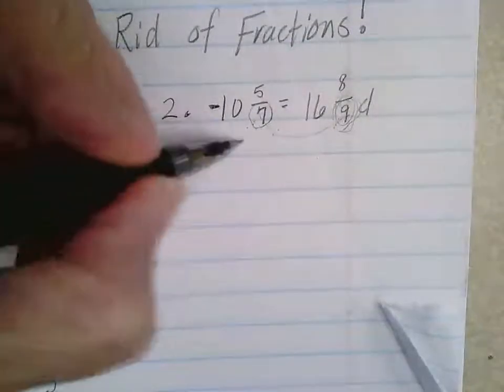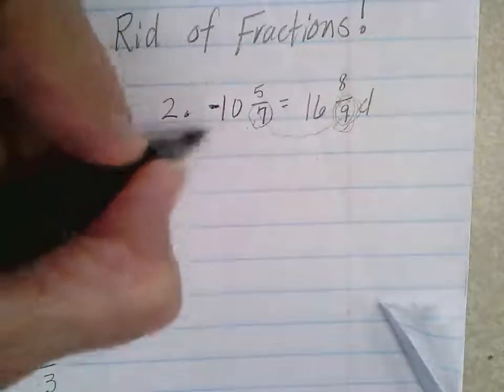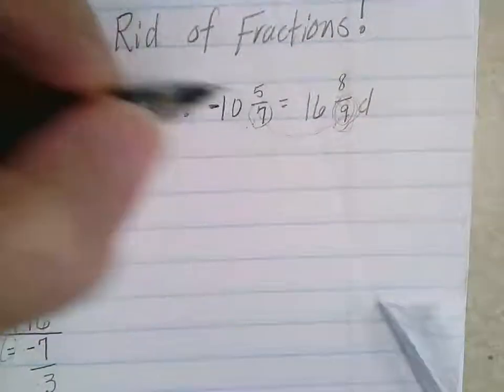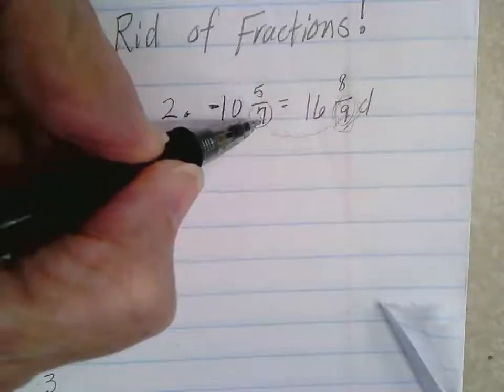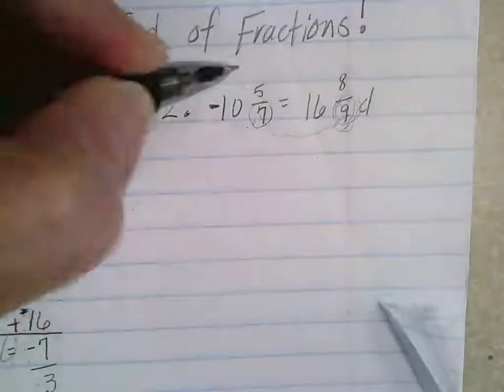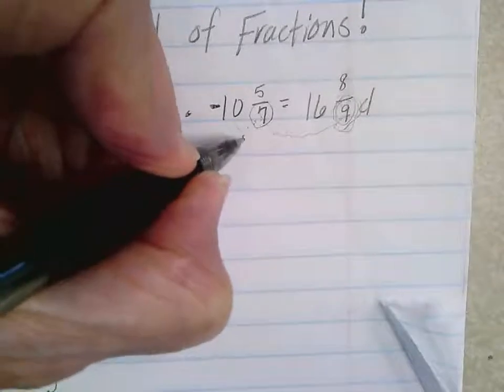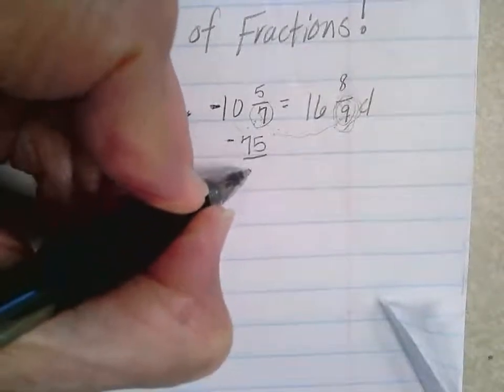This is a negative. So I'm going to change this into an improper fraction. And when I change that into an improper fraction, negative 10 times 7 is negative 70 plus 5 is negative 75 sevenths.